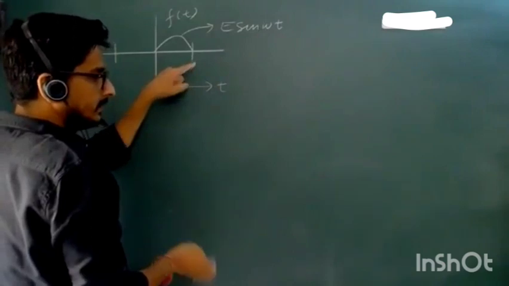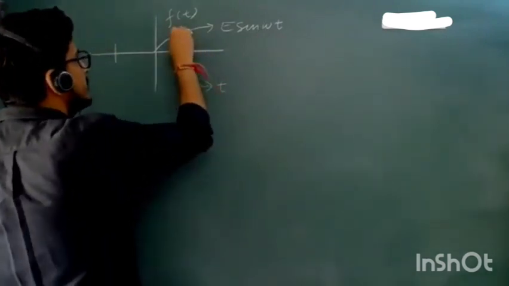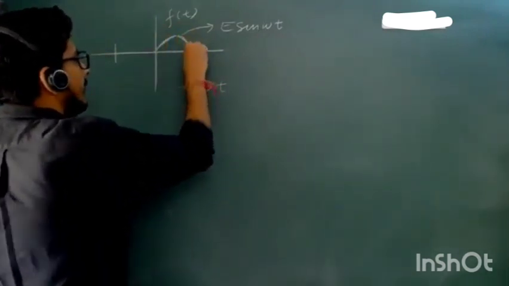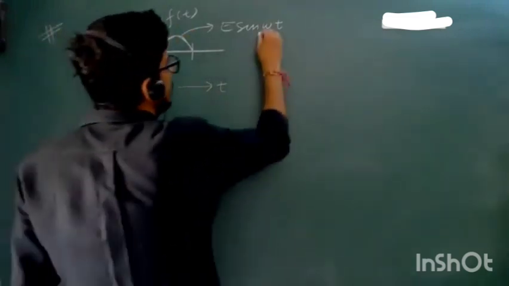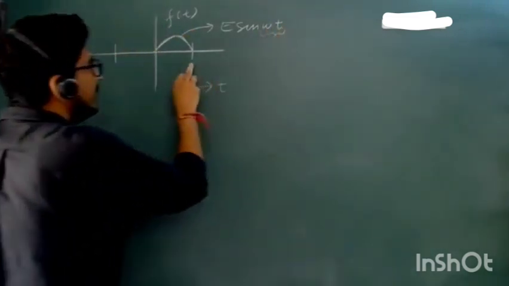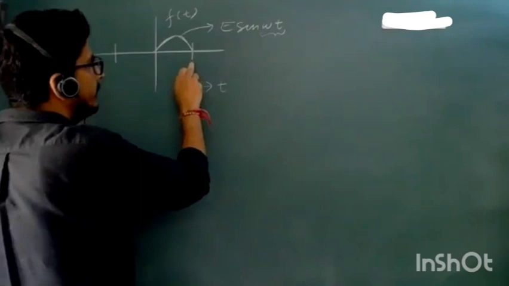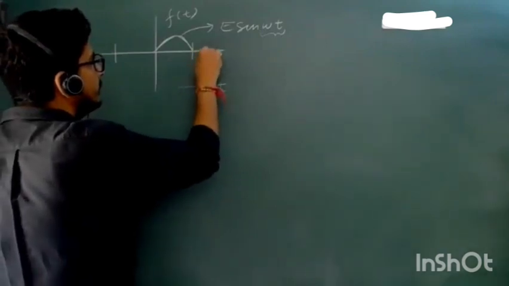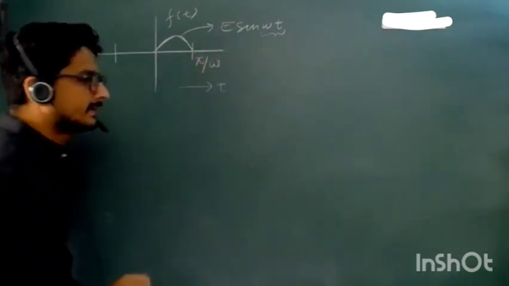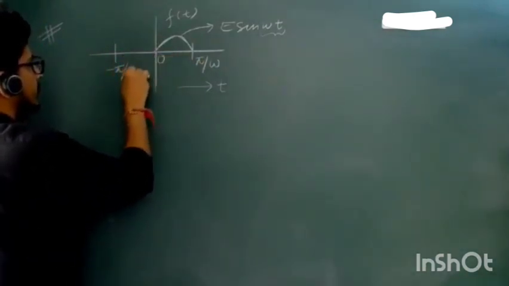When sine will become 0? At sine pi. Yes, sir. This whole thing will become pi here. So what will be the value of t here? Pi by omega. ये सब लोग ध्यान से समझ लेना. And this will be 0 and this will be minus pi by omega.